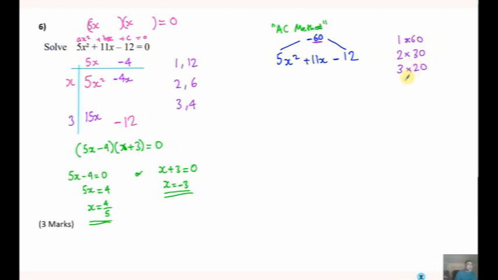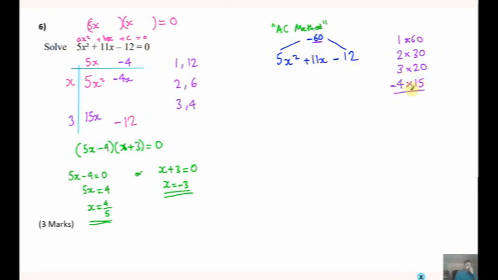That won't give me 11. 4 times 15, however, which is the next one, 4 and 15 you can make 11 out of, and because it's minus 60, that means one of these two has to be a negative. In this case, because it's plus 11, that means the 15 will be positive, because it will be 15 minus 4 to give you plus 11.